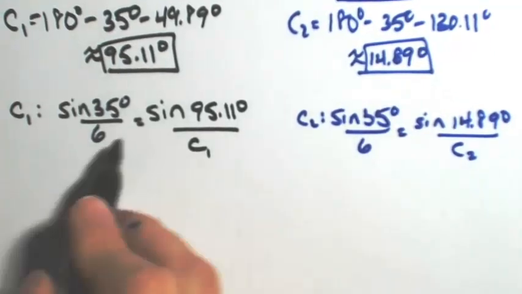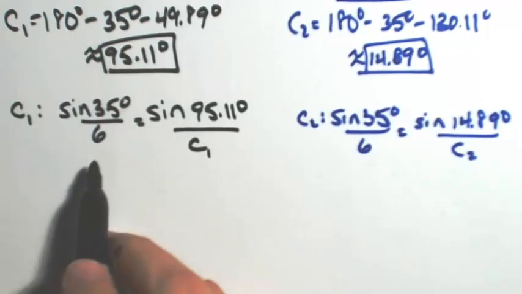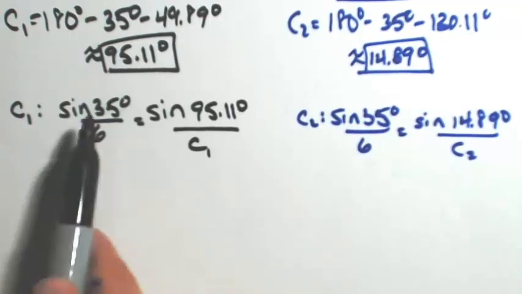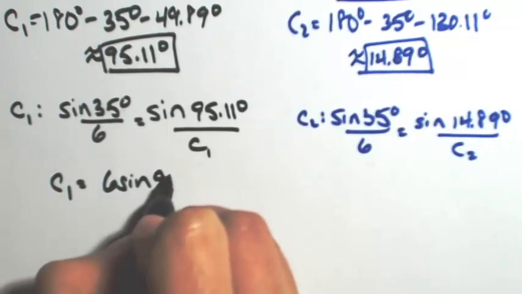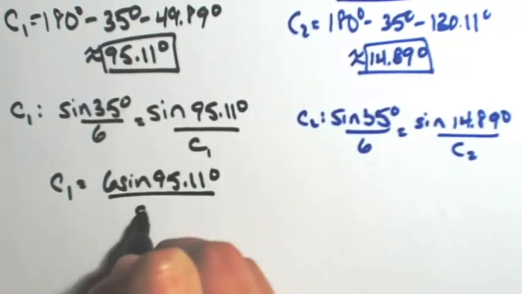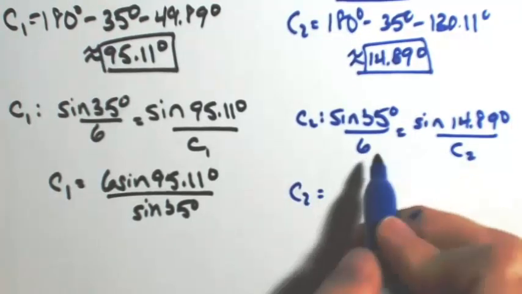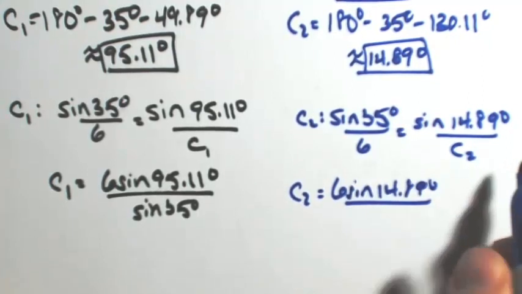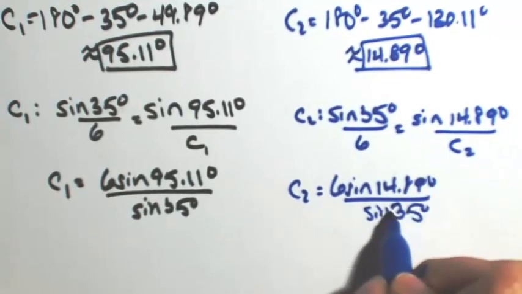Okay, so solving for C1, cross multiplying. So I would have C1 times the sine of 35 degrees equaling 6 times the sine of 95.11 degrees, and then just dividing. So C1 would be 6 sine 95.11 degrees divided by the sine of 35 degrees. And side C2 will be 6 sine 14.89 degrees over the sine of 35 degrees.